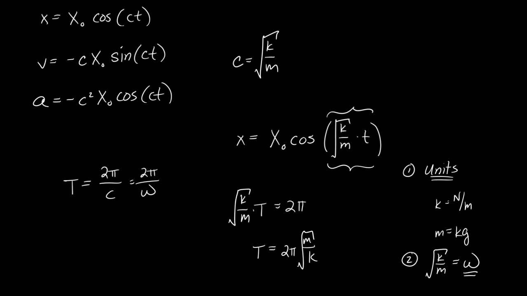And it has some obvious things in it that you should look for. It takes longer for objects with more inertia to oscillate, right? M is in the numerator. So if I put a bigger mass on the spring, the period will be a bigger number. Do you see it clearly? And it will oscillate faster with a stronger spring.